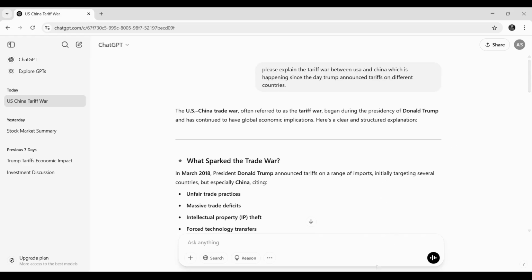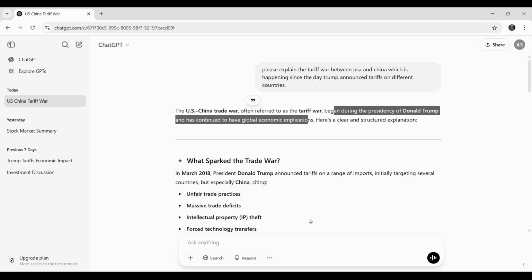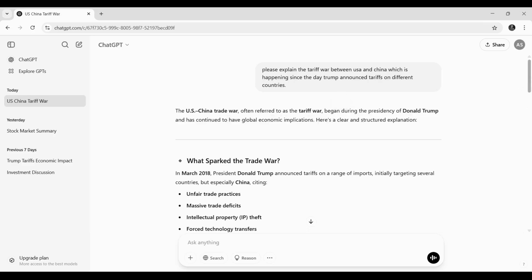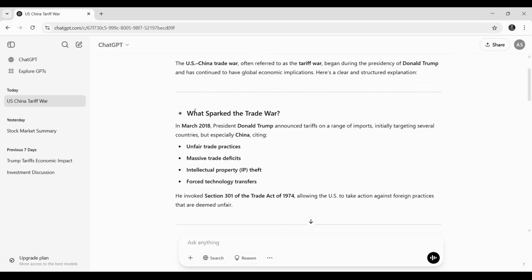Okay, so here you can see the US-China trade war, often referred to as the tariff war, began during the presidency of Donald Trump and has continued to have global economic implications. Here is a clean and structured explanation. First of all, what sparked this trade war?